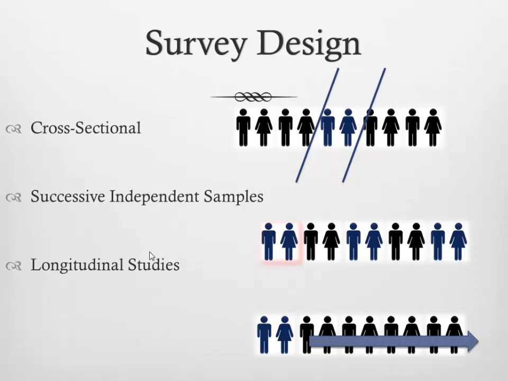So you could get a sense of people's experiences in each of the components of the rehabilitation plan. But rather than doing it by following a person through the rehabilitation counseling process, you could use successive independent samples.